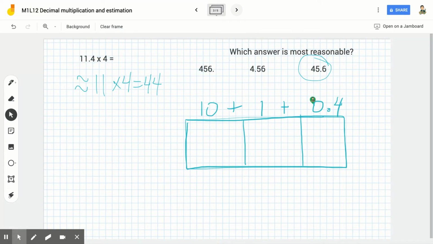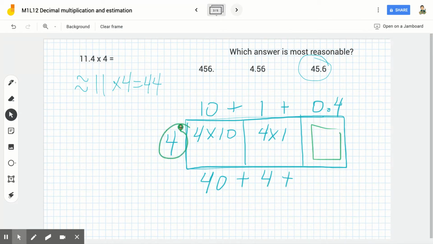Now multiplying this by 4. So we have 4 times 10 for this area, which is 40, plus the area length times width, 4 times 1, which is 4, plus the area length times width, 4 times 0.4, which is 16 tenths.